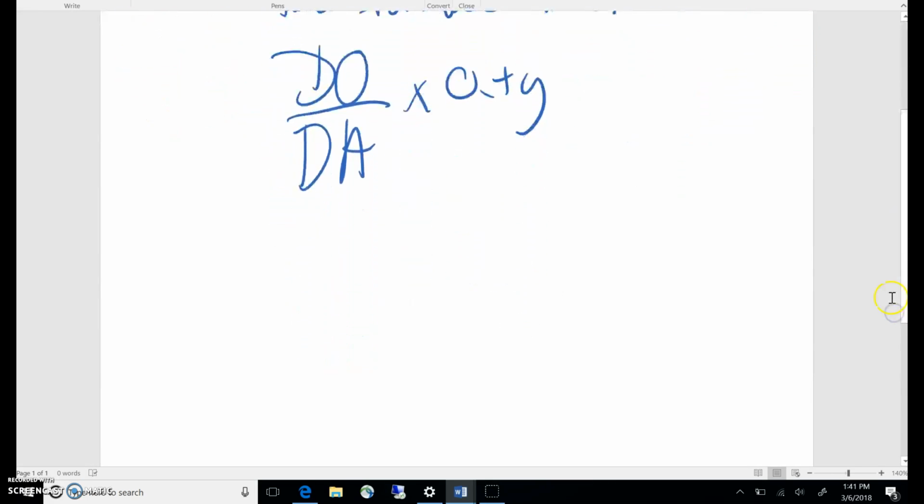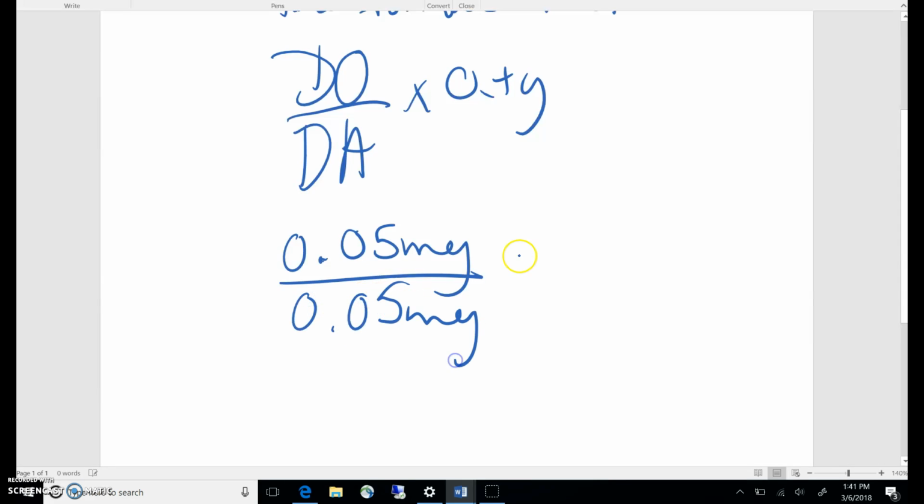So in this case, your dose ordered, you guys calculated that to be 0.05 milligrams over the availability of the drug. What you have in stock is 0.05 milligrams, and you multiply that times 1 milliliter. Your answer for number 1, question C, is 1 milliliter.